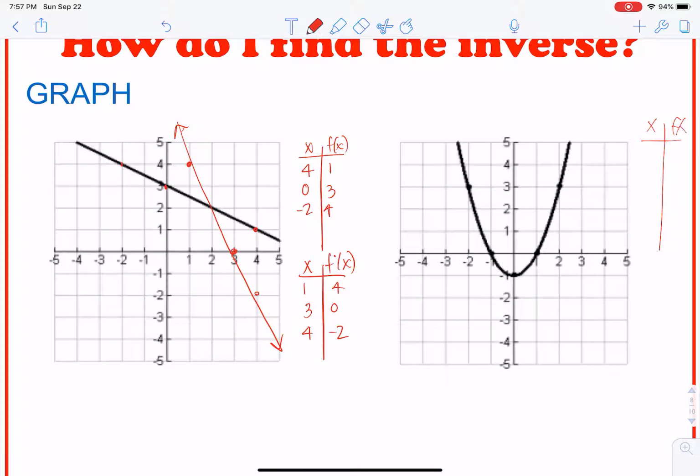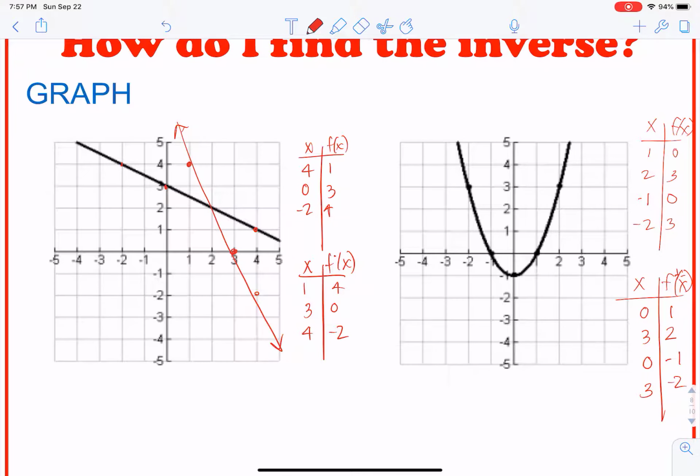So if I have x and f of x, let's say I have 1, 0, 2, 3. I also have -1, 0, and -2, 3. I can go ahead and make my inverse chart. So 0 and 1, 3 and 2, 0 and -1, 3 and -2.